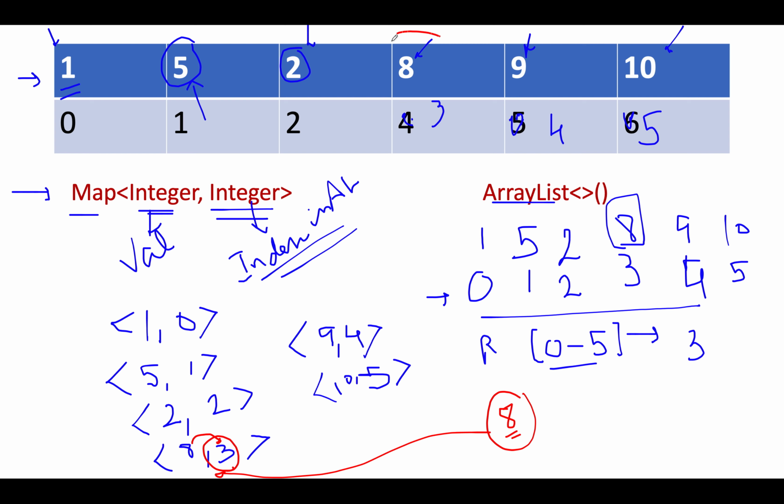So we'll jump on to the third index, and parallelly we will extract the value that is held at the terminal position in my array list. The value held at the last index in my array list is 10. We will simply copy this value at the third index. So 8 is gone and 10 gets replaced there.